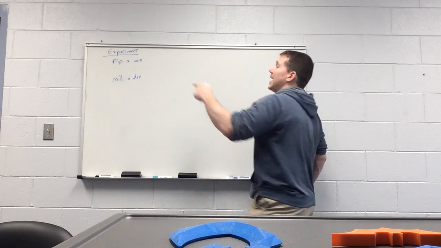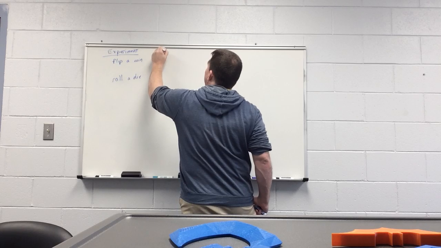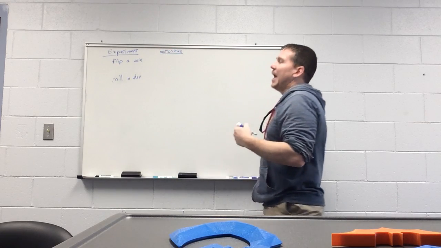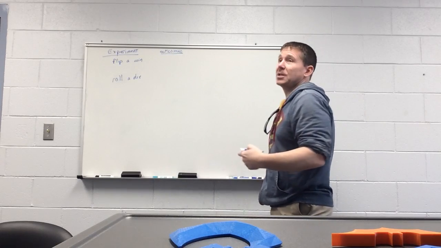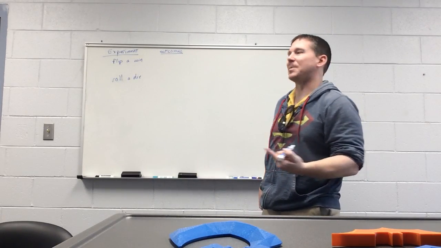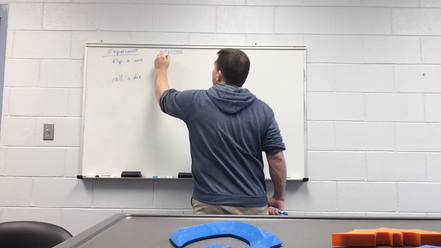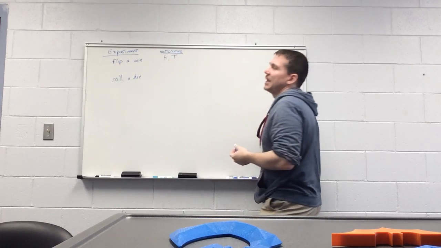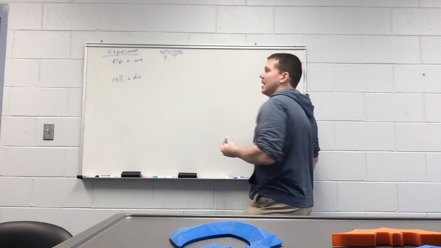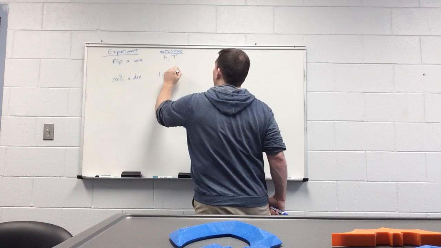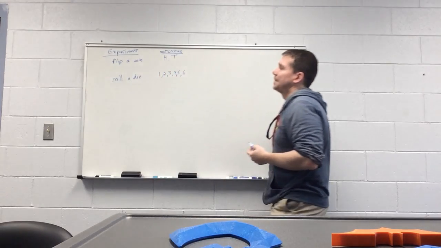Once I have an experiment, then I get outcomes. As far as outcomes go, it's just what happens when you perform the experiment. So in this case, if I flip a coin, the possible outcomes are heads or tails, H or T. If I roll a die, I could get a 1, 2, 3, a 4, a 5, or a 6.